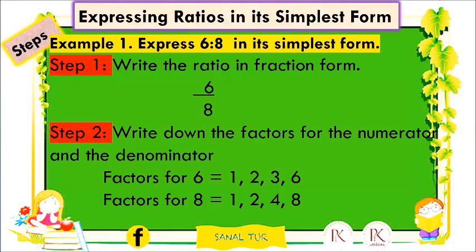Because 8 is not with 6. So what is with 6 and with 8? Of course, we have the number 2. Okay, very good. So the greatest common factor of 6 and 8 is 2. So we already have the GCF. What is the next step?